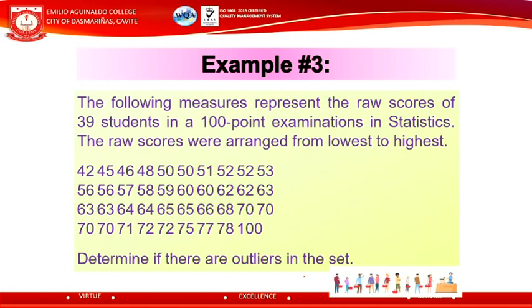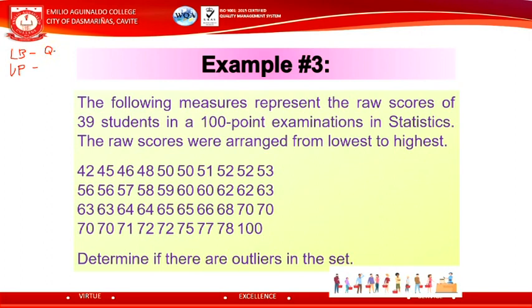Now, let us try to solve the same problem and determine if there are outliers in this set. First things first, we have to know the formula for the lower and upper boundaries. Of course, we cannot solve the outliers without this. We just have to memorize this.